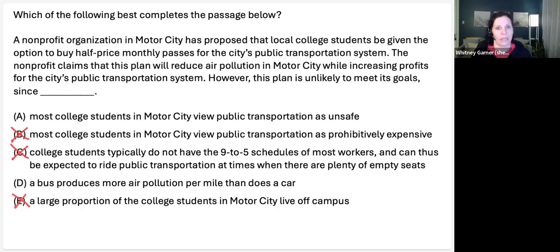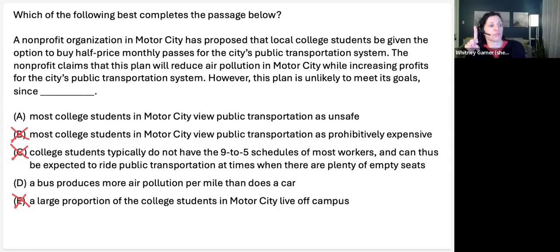What about D? A bus produces more air pollution per mile than does a car. Well, they do say, right? They claim this plan will reduce air pollution in Motor City. And if a bus produces more air pollution per mile than a car does, how's that going to reduce air pollution? But hold on. I don't think this is a one-for-one exchange, right?